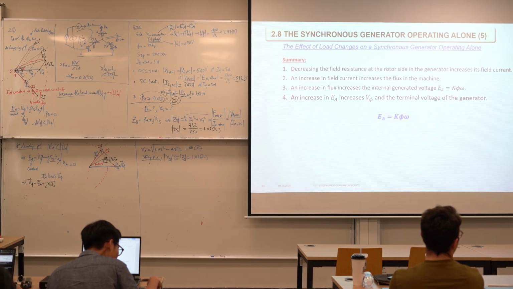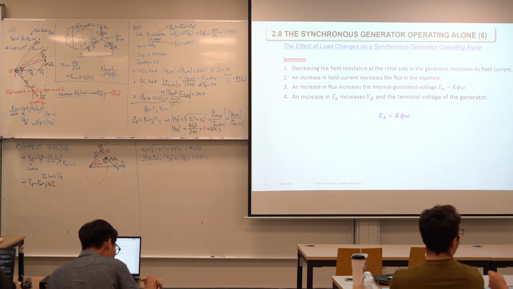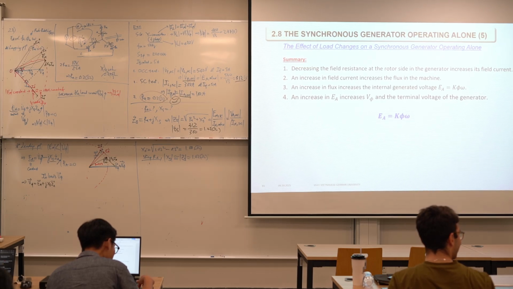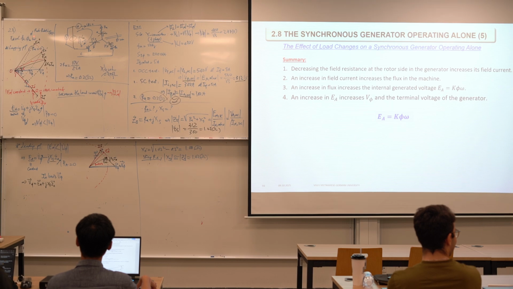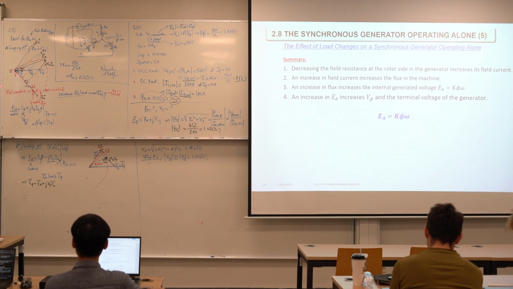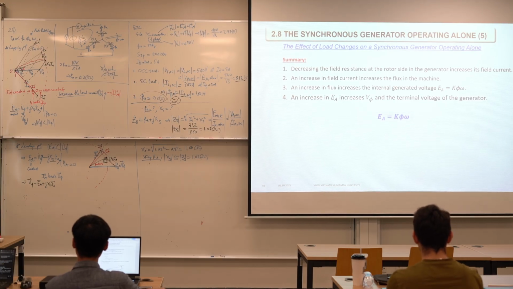When we decrease field resistance, that means we increase field current because DC voltage is constant. So when we increase IF, that means we increase rotor magnetic flux. We increase rotor magnetic flux, that means we increase EA. An increase in flux increases the internal phase voltage EA.